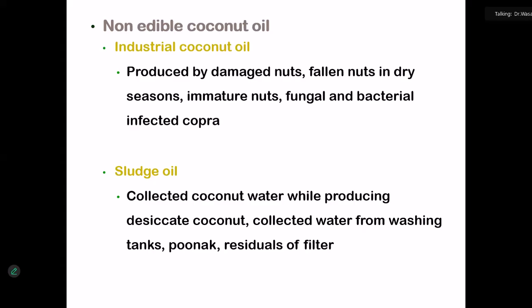Coconut water also has some coconut oil. That is taken as sludge oil. It is not for edible use, but for soap manufacturing, detergent and so on.